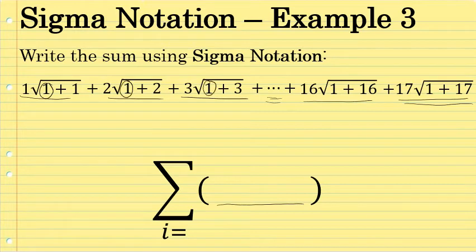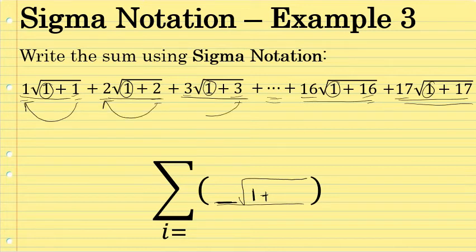Inside the radical, there's always a value of 1. That's added to another value that increases as you move through the sum. And it's important to realize that that second term inside the radical is identical to the factor that the radical is being multiplied by in each term.